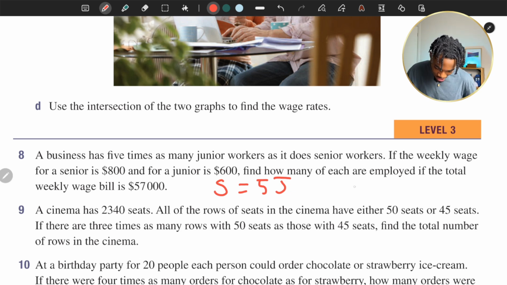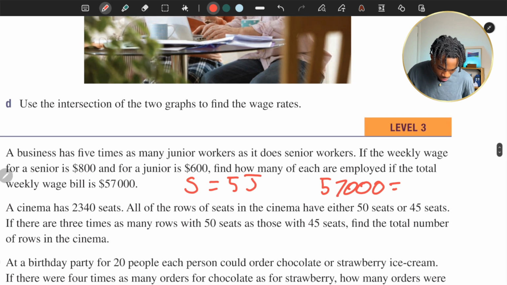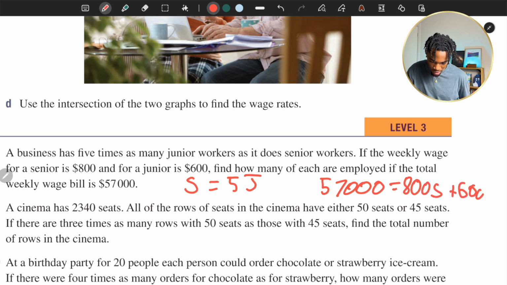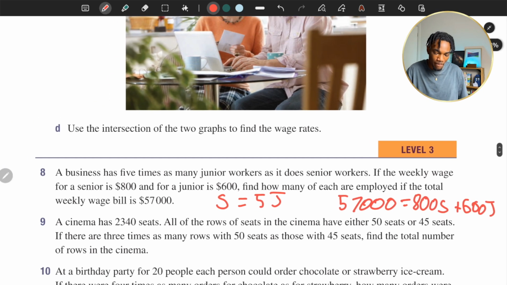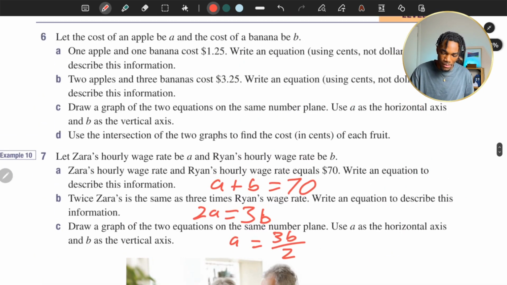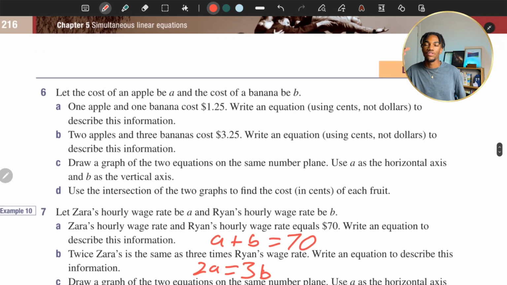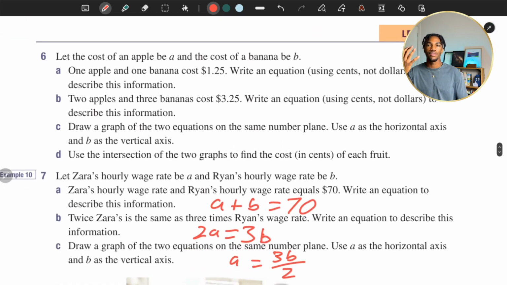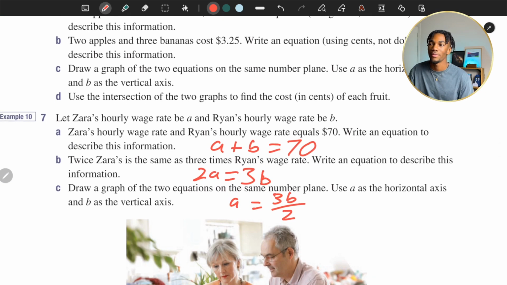Just writing this out: 57,000 equals 800 times the number of seniors plus 600 times the number of juniors. You're just writing out what you see. That's simultaneous equations, linear models, the same things, but write what you see. See you in the next lesson.